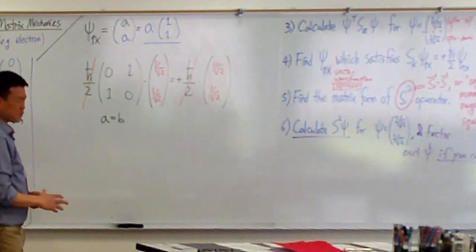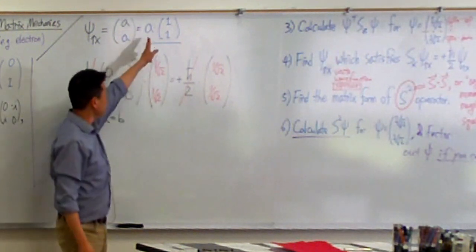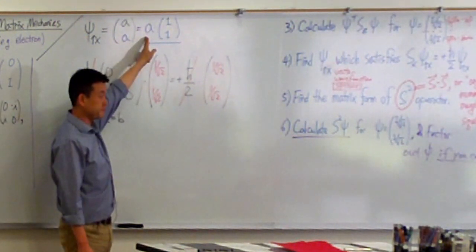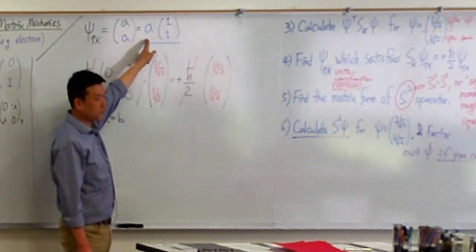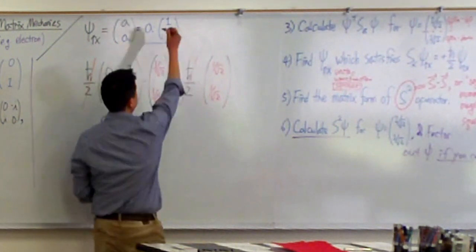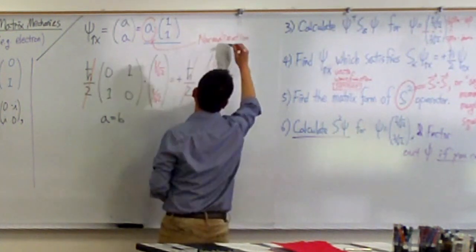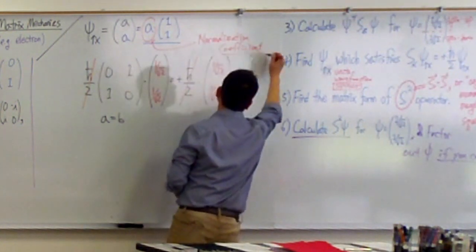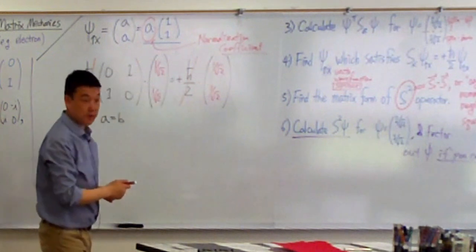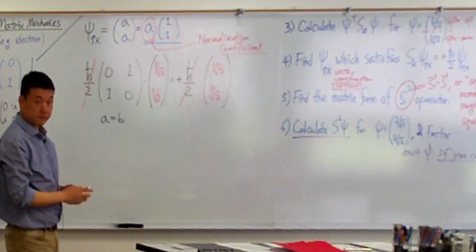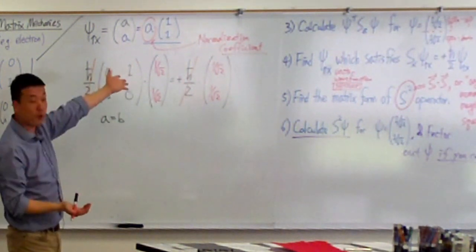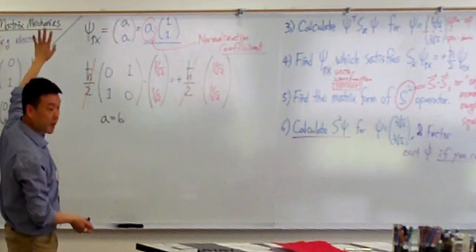So what meaning does the value of A have? It has no physical meaning. This A here is what we have been calling the normalization coefficient. You've heard this mentioned in the wave mechanics context, right? So you also have a normalization coefficient in matrix mechanics.